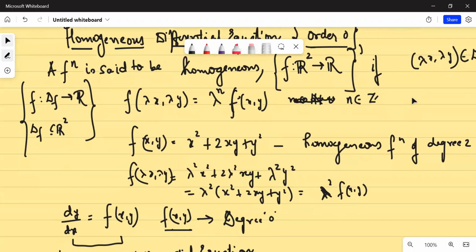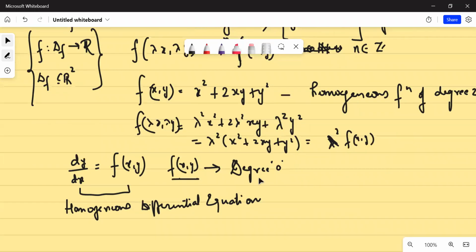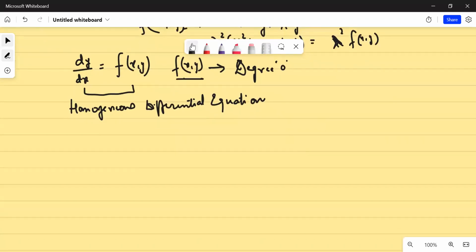Have I written somewhere order? Okay, so fine. Let's say, for example, I'll take an example and then we'll solve it. If I'm giving you dy by dx is equal to minus of (2x plus y) divided by x.